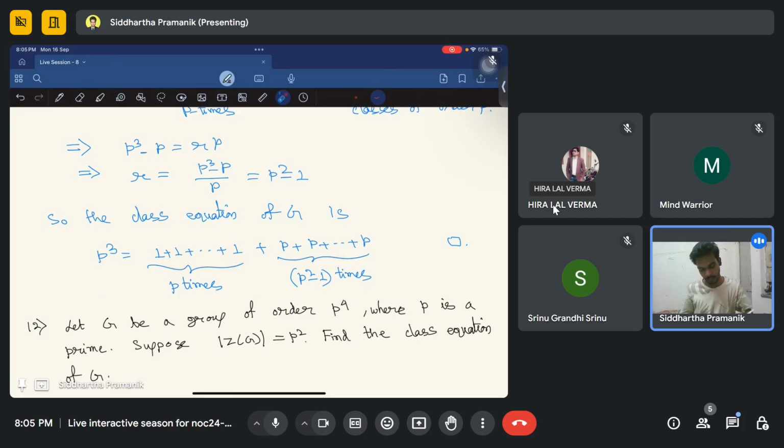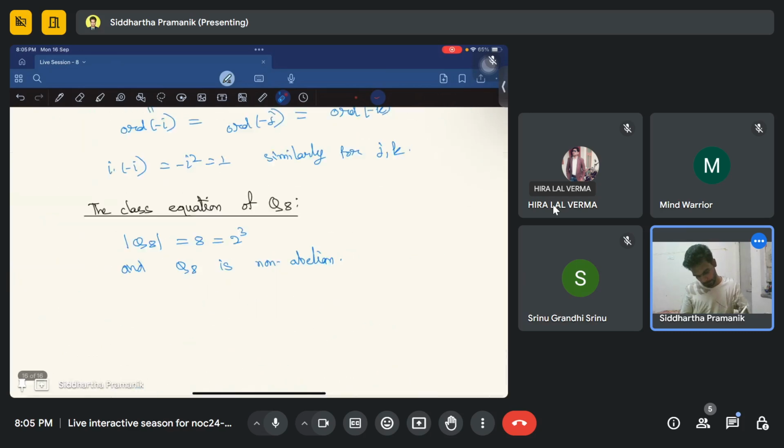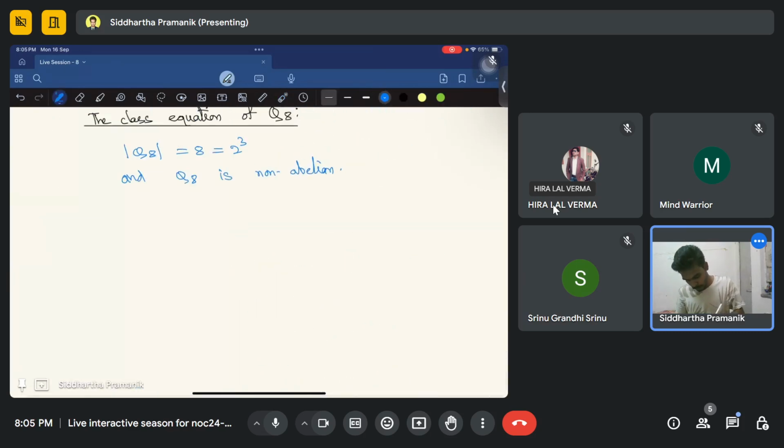So just substitute these elements. 2q equals 8 equals 1 plus 1 plus 2 plus 2 plus 2, where p is 2, because p square minus 1 equals 3 times.